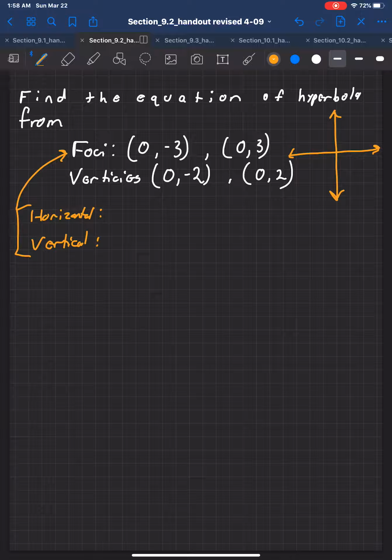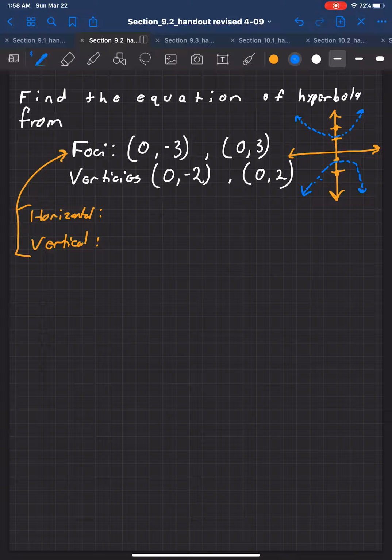So you can go ahead and plot these points: 0, 3, let's just say that's here, 0, negative 3, then 0, negative 2, 0, positive 2. So that means the hyperbola running through the vertices looks like this. Let me draw that a little bit better.